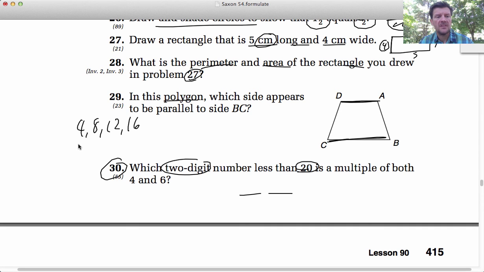And then if we count by 6: 6, 12, 18, you can't go above 20. So which 2-digit number, it has to be 2 digits, so we can cross out those that aren't 2 digits. Less than 20, all these are less than 20, is a multiple of both 4 and 6. Which of the numbers appears in both lists? And that would be 12.